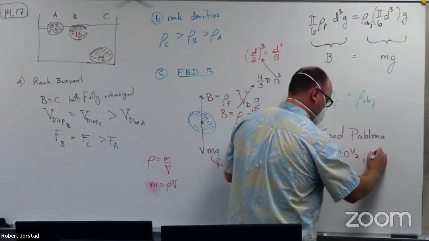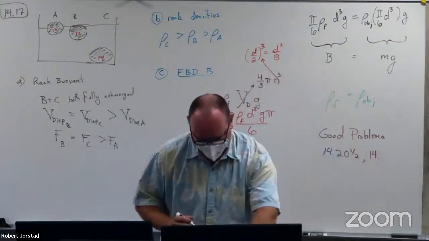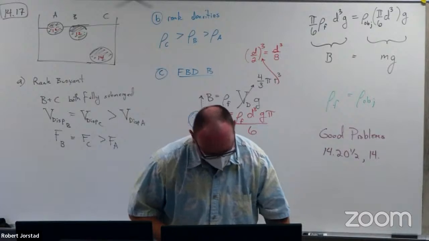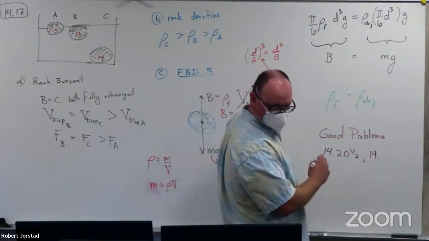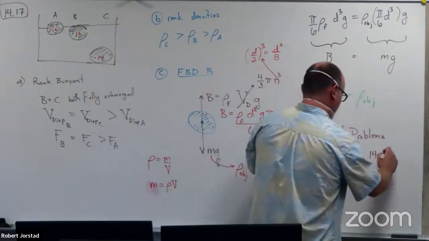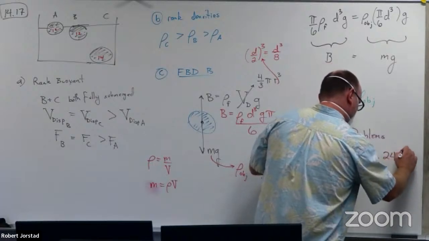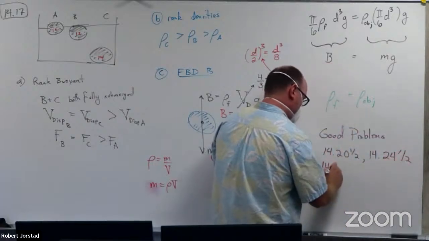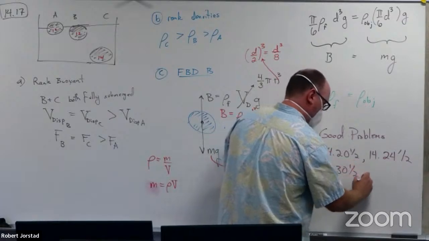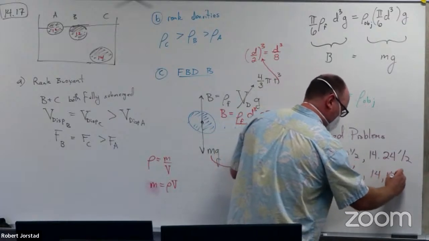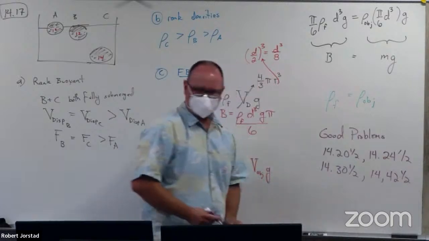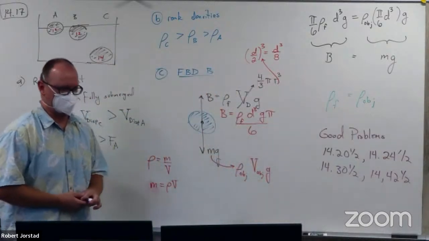I think it was 14 point, what was that next one? 24 and a half, 22 and a half? Oh, 24 and a half. 14.30 and a half, and the other one was 14.42 and a half. Yeah. So if you could do all of those, you're going to be ready on exam day.